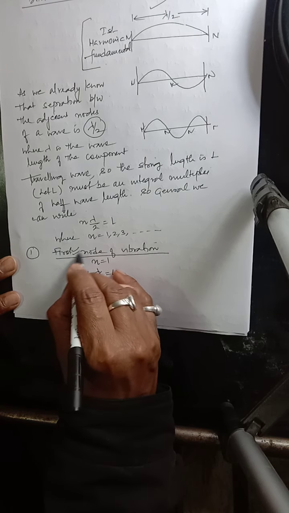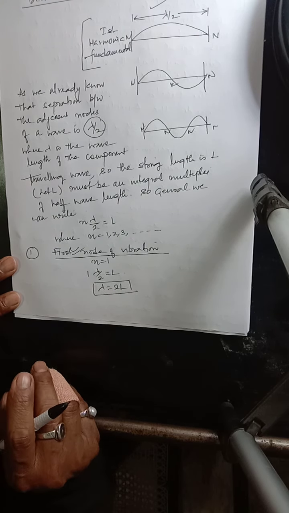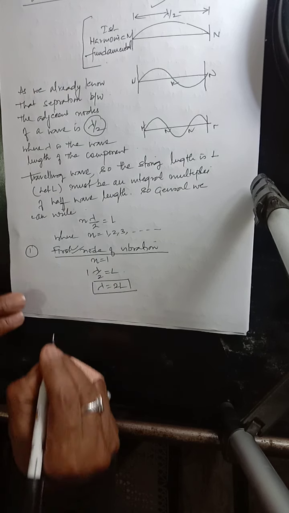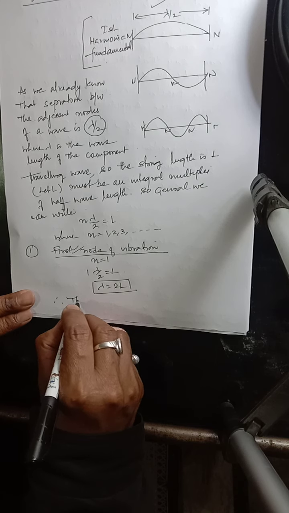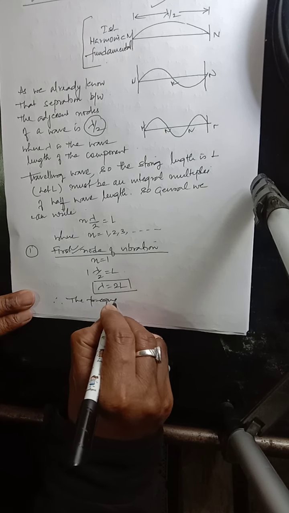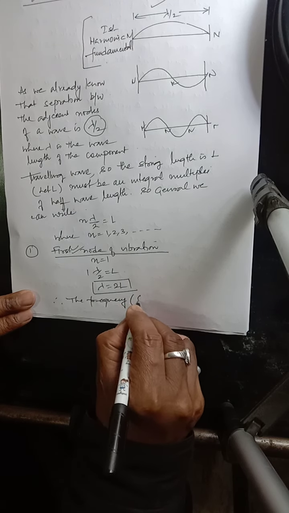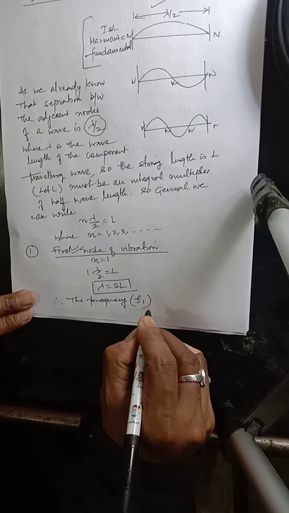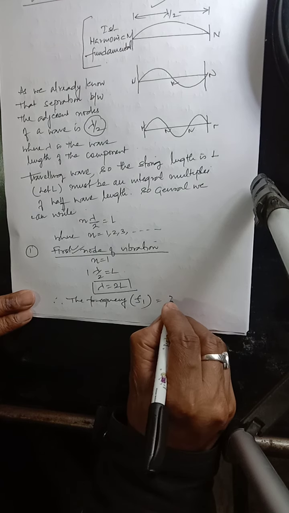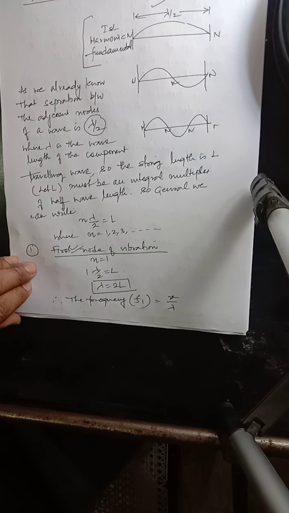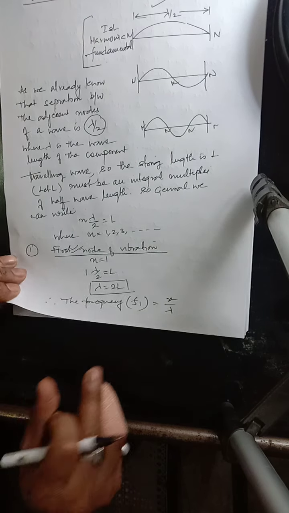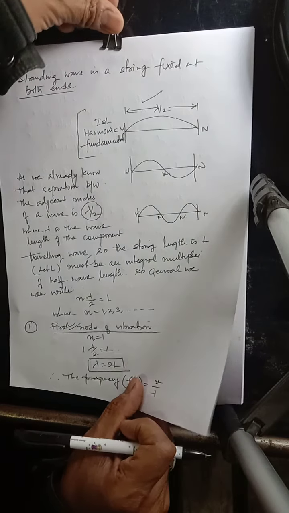In that case, the first mode will be there. Let the frequency be F1, which equals V upon lambda. For lambda, we place the value in terms of the full length.